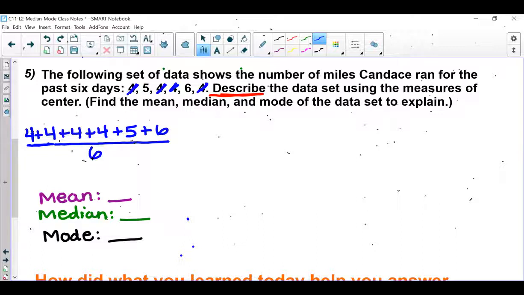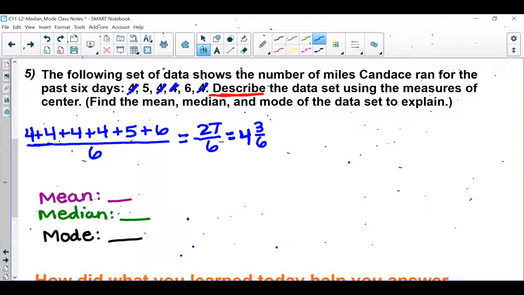Okay, let's add those up because we're doing the mean first. 27. Okay, 27 over 6. 6 can go into 27 how many times? 4, which is 24 with 3 remainder, right?